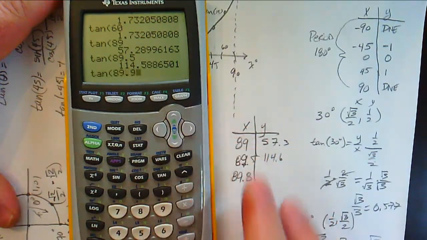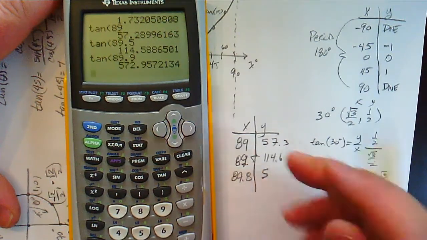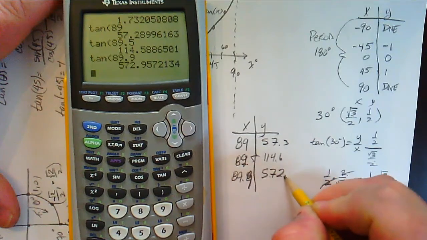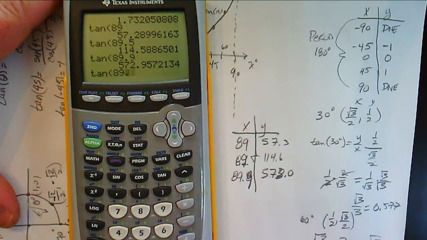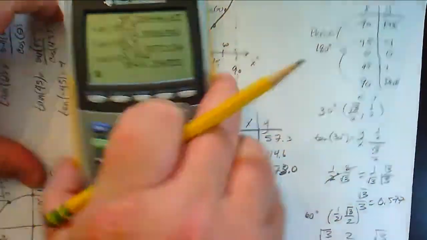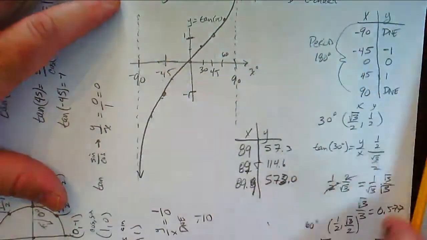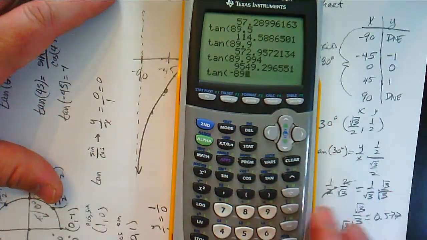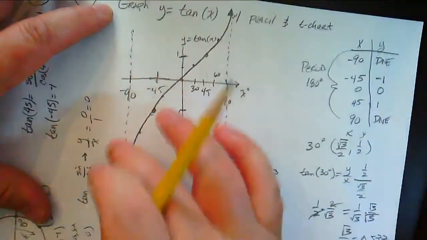Then 89.9 gives 573.0. And then watch, 89.994 gives 9,000. So the closer you get to 90, the higher the output's going to be. And the closer you get to negative 90, the smaller the value is going to be. Do you see? So that's why our graph looks like this.